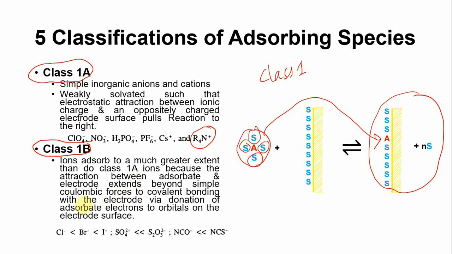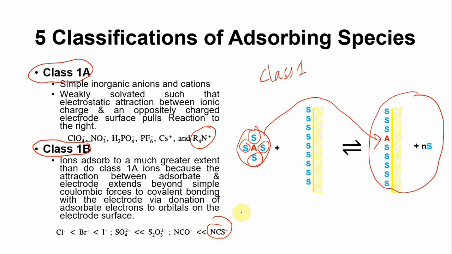Class 1B consists of chloride, bromide, iodide, and then sulfate and thiosulfate, and then the cyanate ion, and another anion.